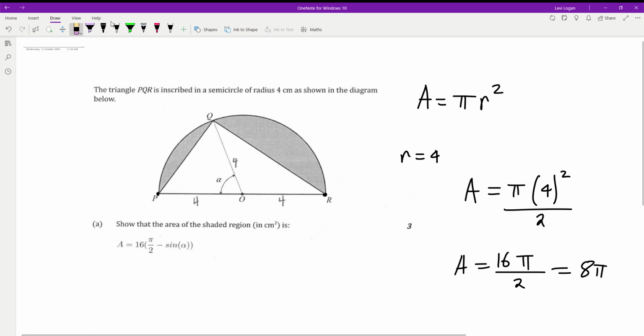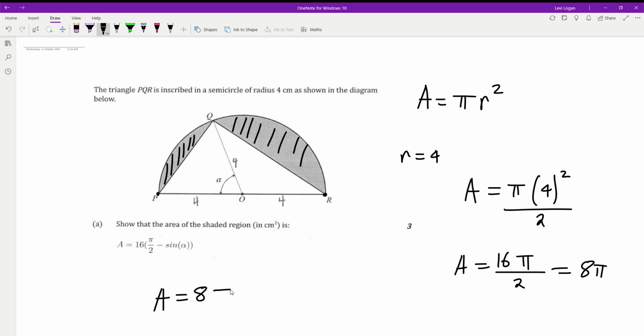So that 8 pi is that entire area there. If we want the area of the shaded region given here, we need the area of our semicircle, 8 pi, minus the area of triangle 1 and triangle 2. Now, you can work out the area of triangle 1 and 2 using a particular formula.